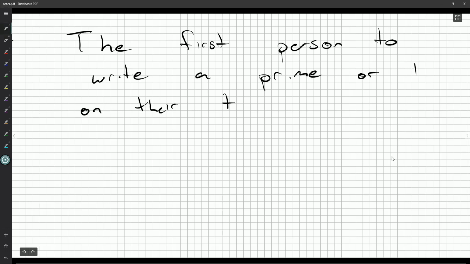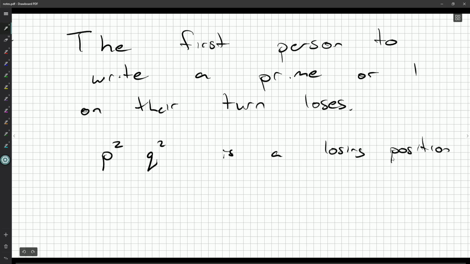I don't know what's up with me today. So the first person to write a prime or 1 on their turn loses. Okay, now how do I force someone to write a prime? So P squared Q squared is a losing position. But PQ was a winning position.